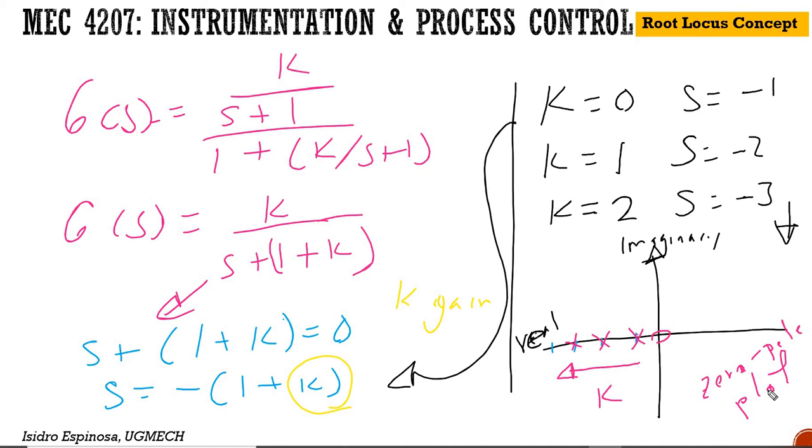Okay, that means that in terms of stability, this is the unstable area, this is the critical stable area, that will be the imaginary axis, and we have the stable area.